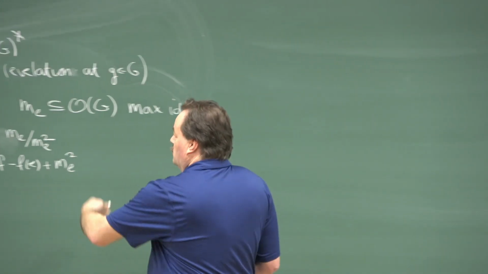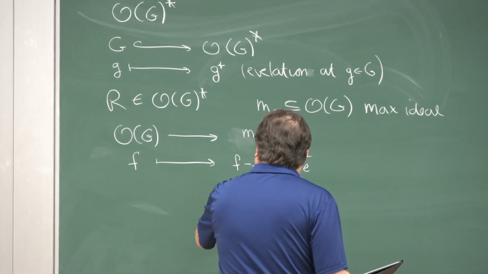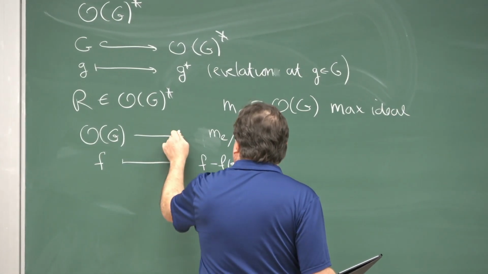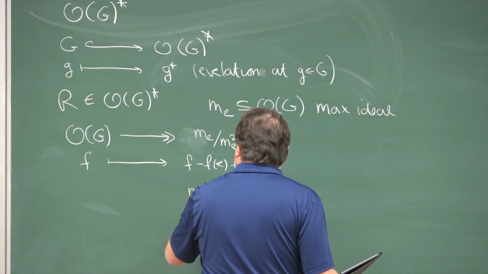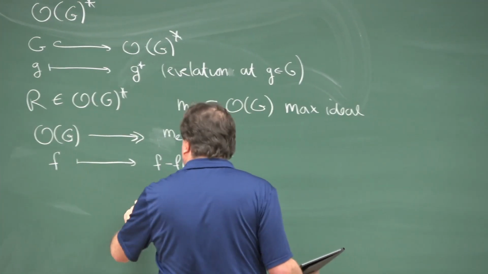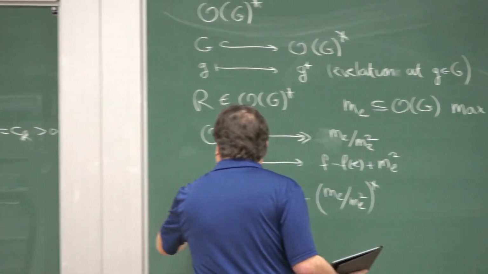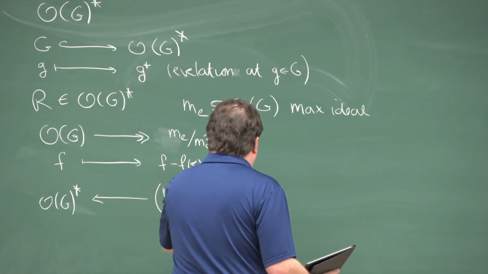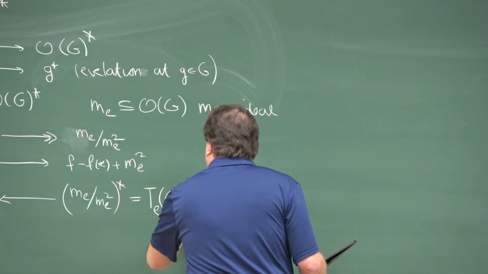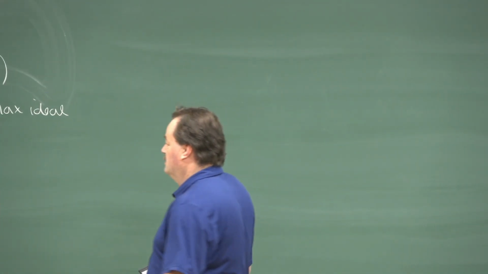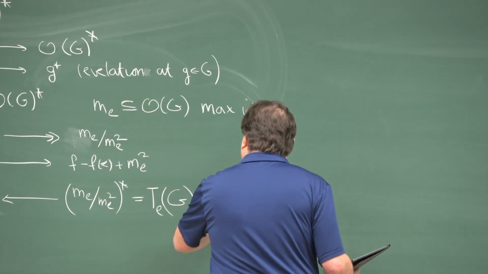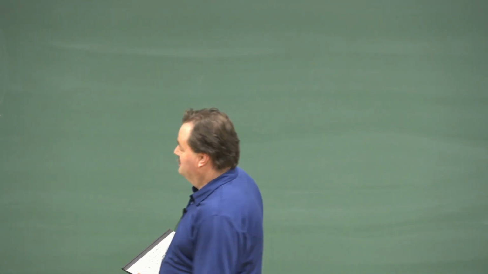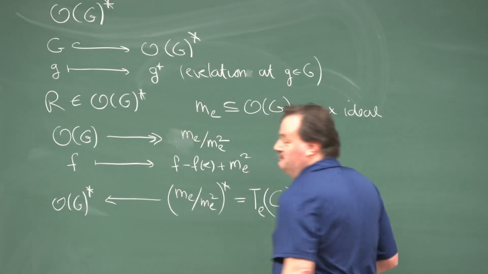And if we dualize, we have an embedding, since this is surjective. We get a map from the dual space to the dual space here, and this is just the tangent space of the group at the identity, which is the Lie algebra of G. So this Lie algebra also lies in this dual space.